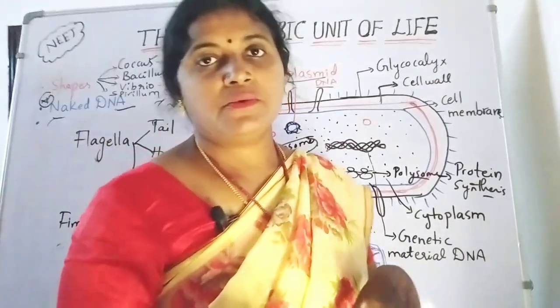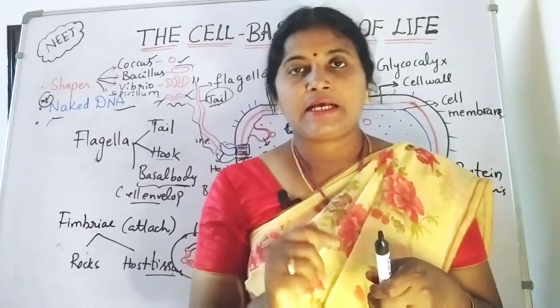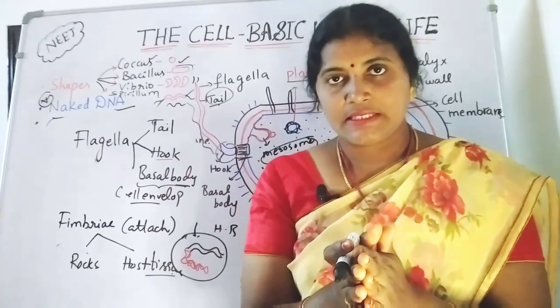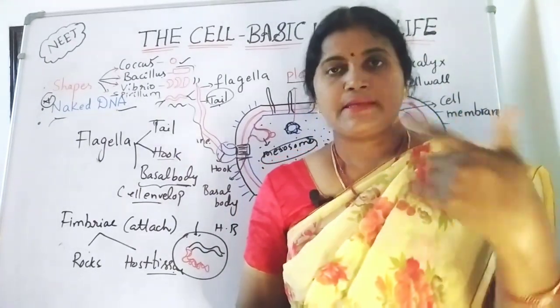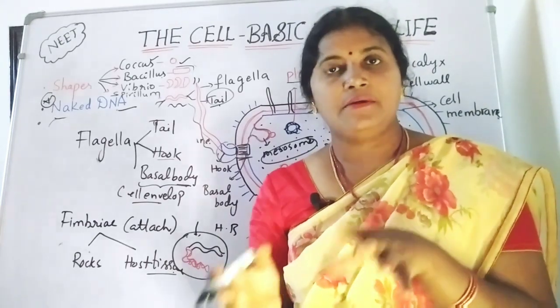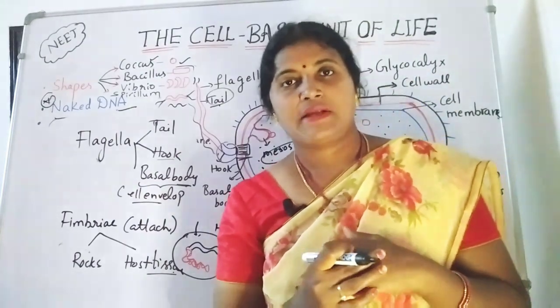This is all about the prokaryotic cell, bacteria structure. Once again, a quick recap, listen carefully. Prokaryotic cells are very small in size and they grow very fast. Examples of prokaryotes are bacteria, blue-green algae and PPLO, and the smallest bacterium is mycoplasma.